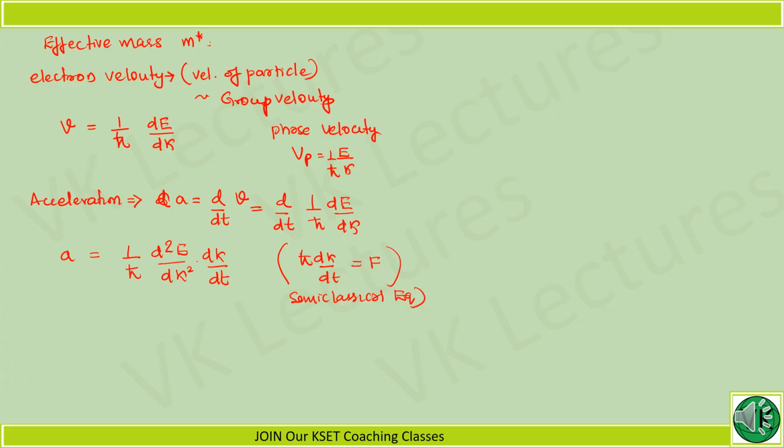Now let's rewrite: a equals 1 by h cross d square E by dk square times h cross dk by dt.